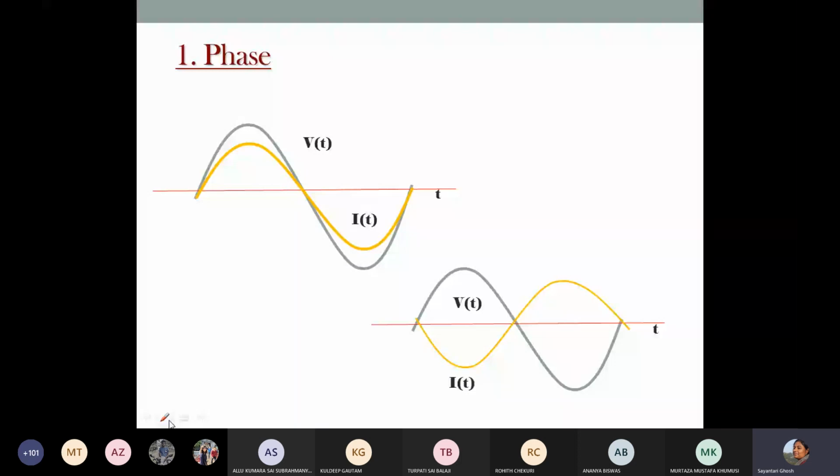If I ask what you can say about the effective resistance, you can point out one important thing. As time goes on, at each and every point, as the voltage was increasing, the current was also increasing, and as the voltage was decreasing, the current was also decreasing.